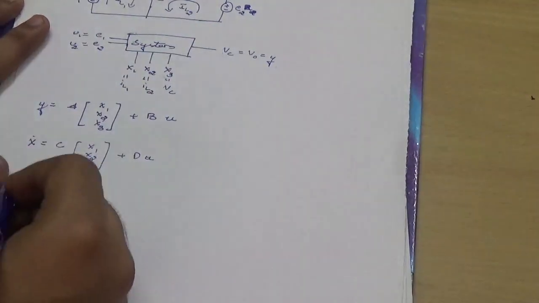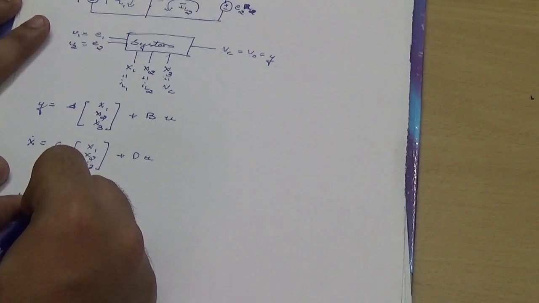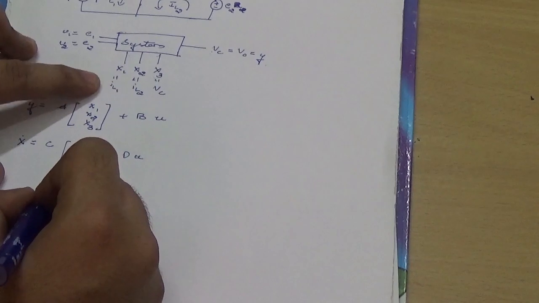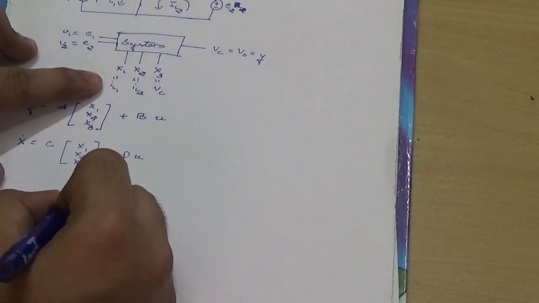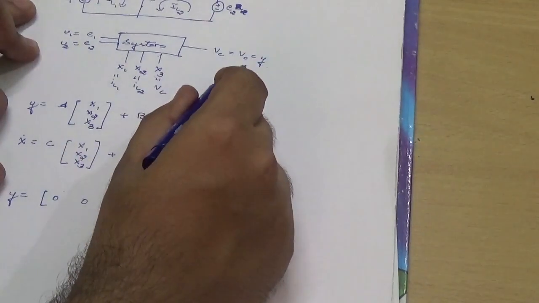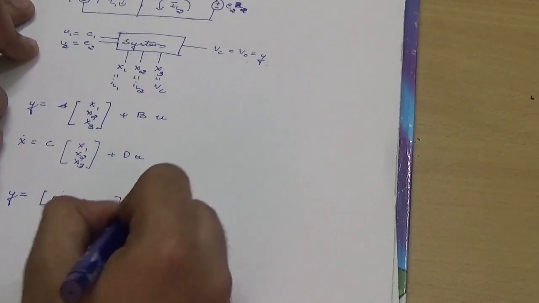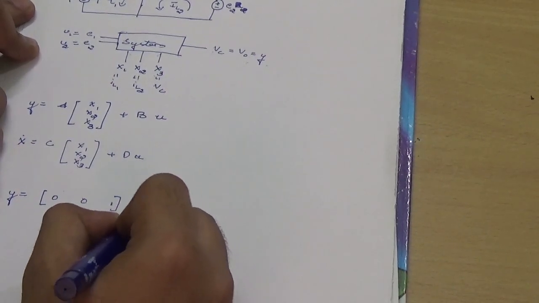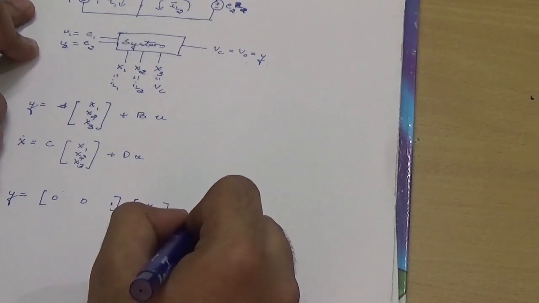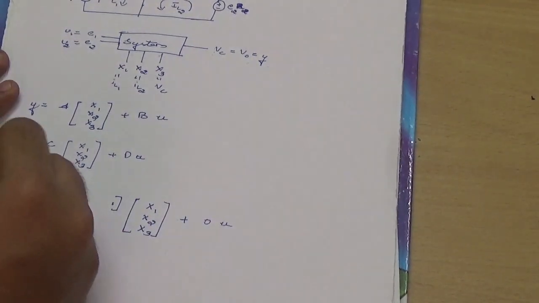Hence I can write it as y is equal to, it does not have x1, that is IL1 is not present, IL2 is also not present, so x2 is also not present, so therefore I put zeros, but Vc is present in the output, so therefore I represent it as 1 over here, so that when I perform the matrix multiplication I would be getting the required answer, plus 0 into u. This represents the output equation.